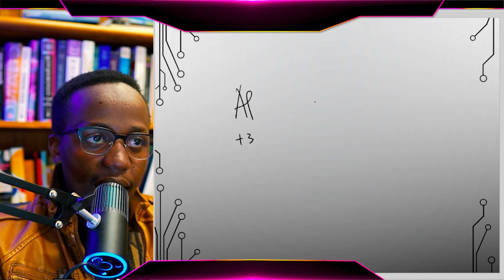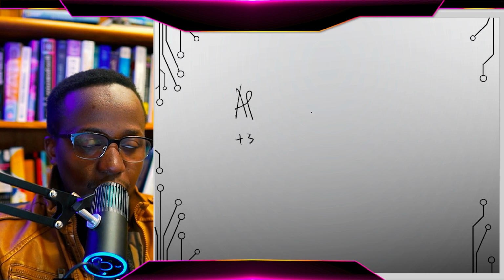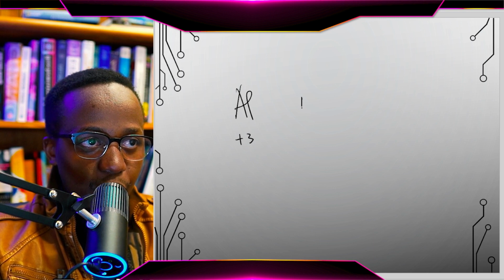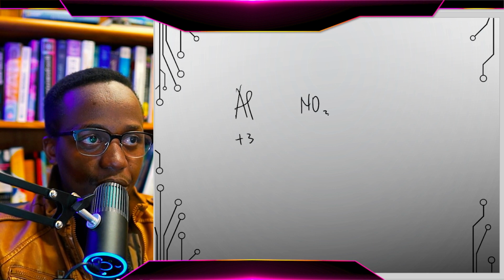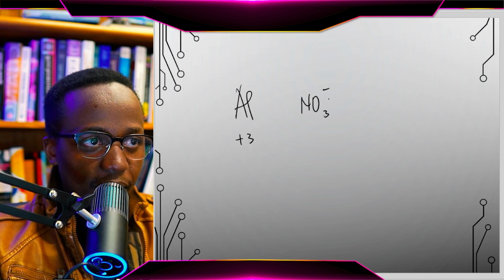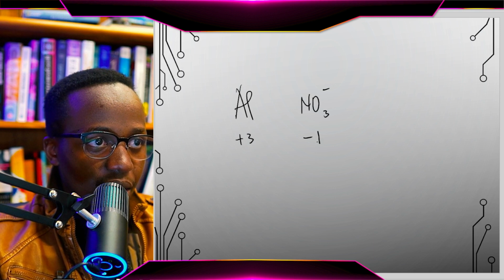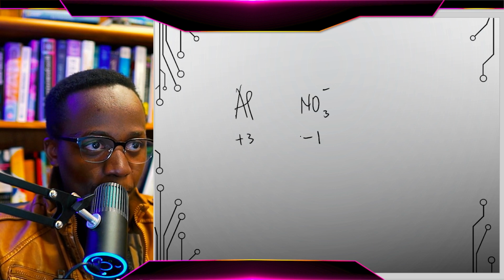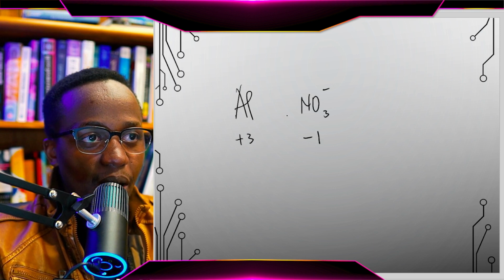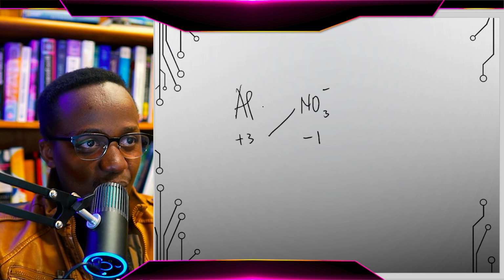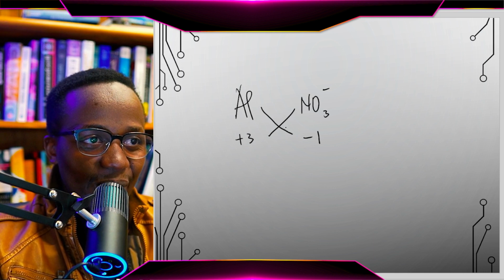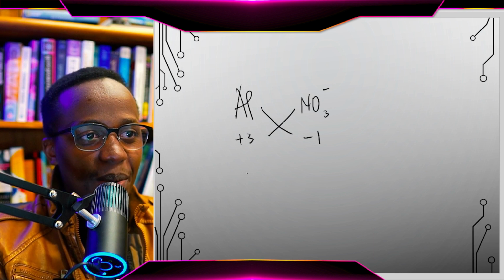And then let's say I have nitrate, NO3-. You've got to remember the negative so that you know the charge is -1. And then I ask you, what's the formula? So you do the cross, and look at what happened.